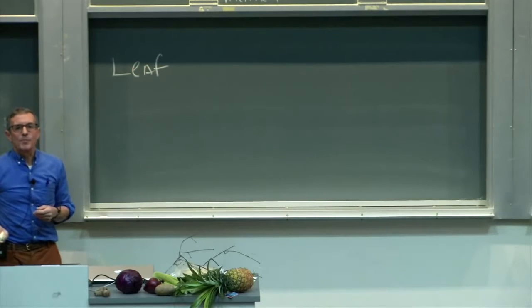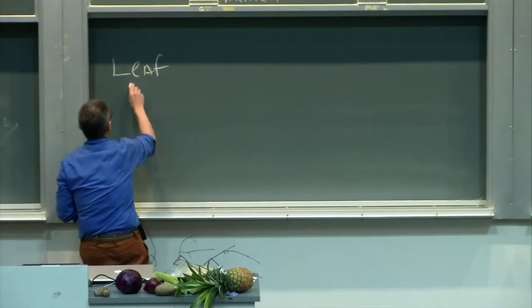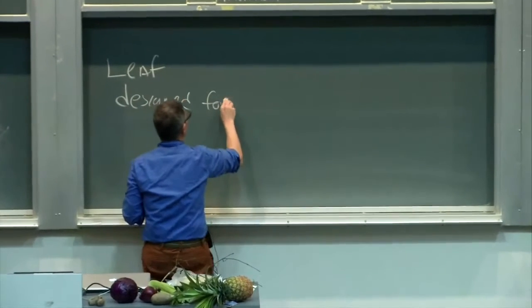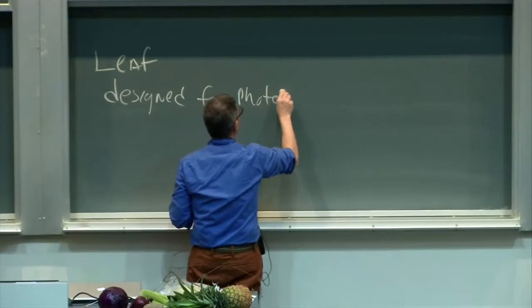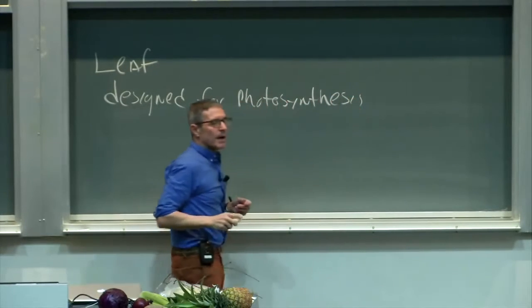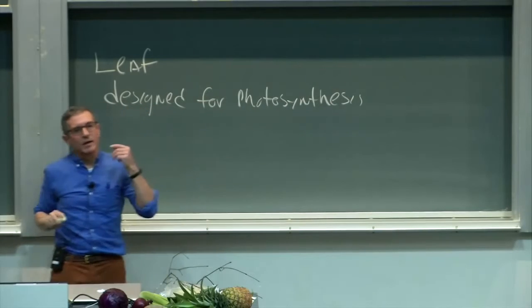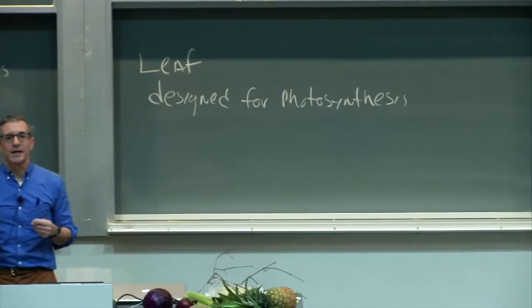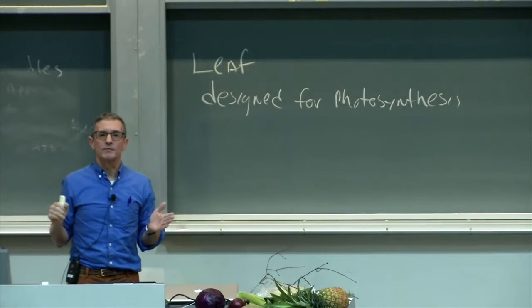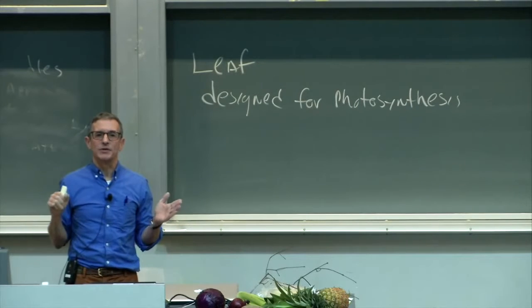Now, leaves are primarily designed for photosynthesis. But the capacity of the leaves to capture light, and their form to capture light, is also influenced by the environment in which the leaf is growing.